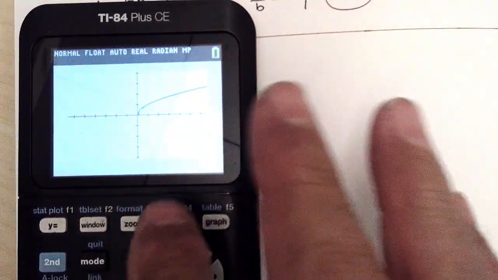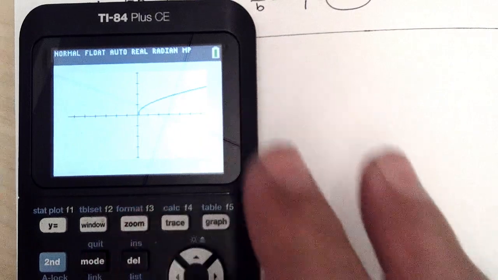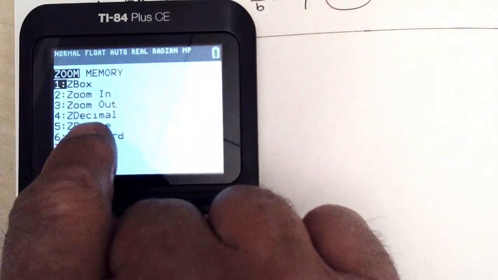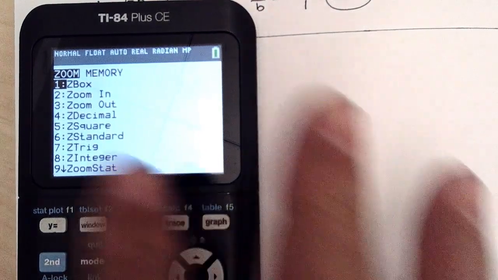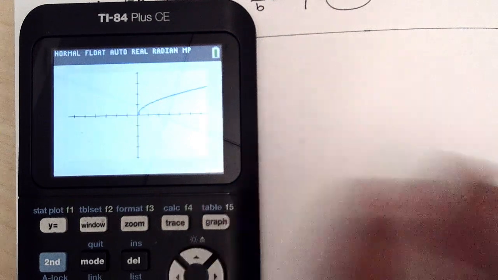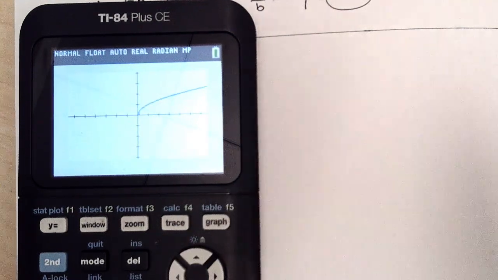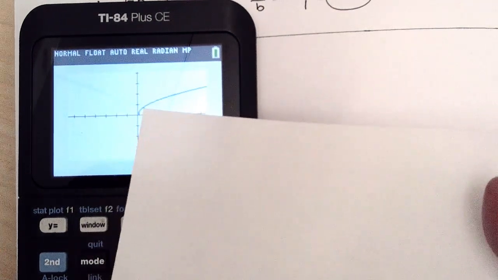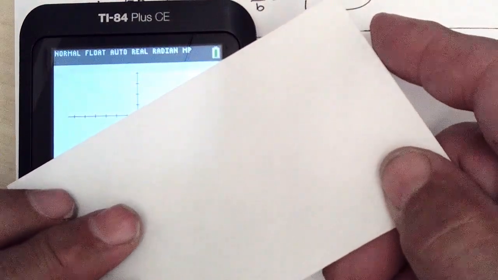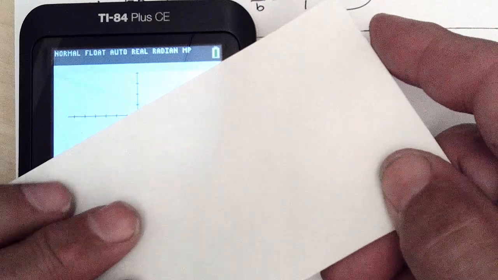And by the way, my window is zoom 4, zoom decimal. This makes a nice one for when I'm looking close to the origin at a graph. And I want to look for the slope at 1. Well, that looks something like this.